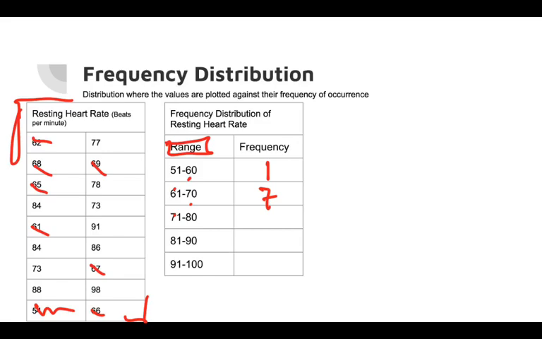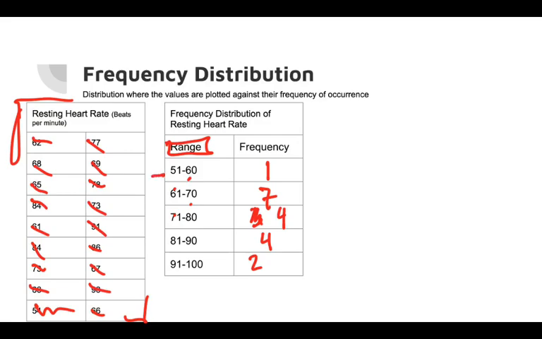So that frequency is 7. 71 to 80, there's 1, 2, 3 of these. 81 to 90, 1, 2, 3, 4. Oh, I missed one. There's 4 of these. And then 91 to 100, there's 2. Okay, and you've got your frequency distribution.